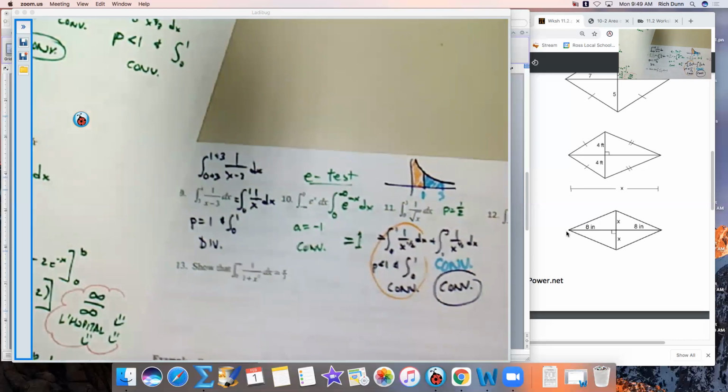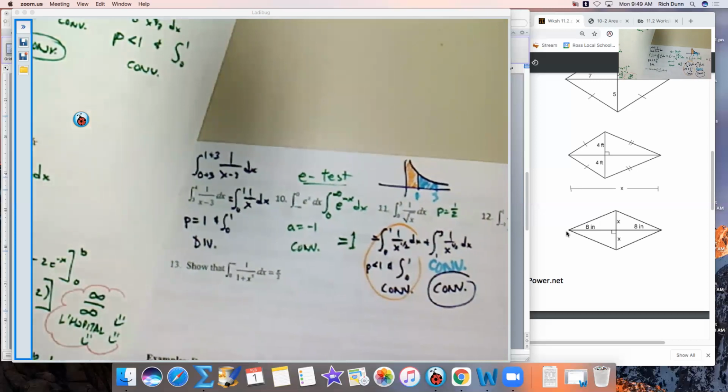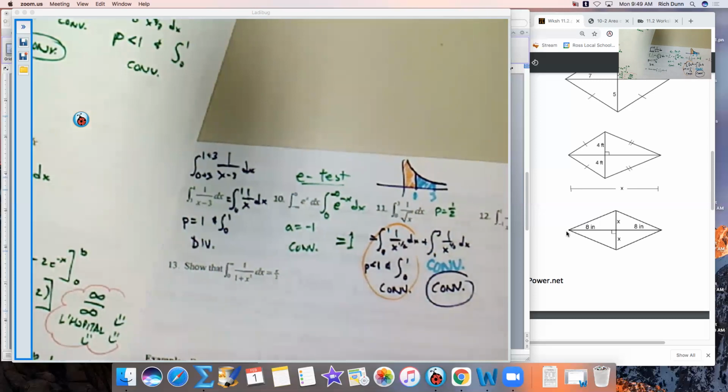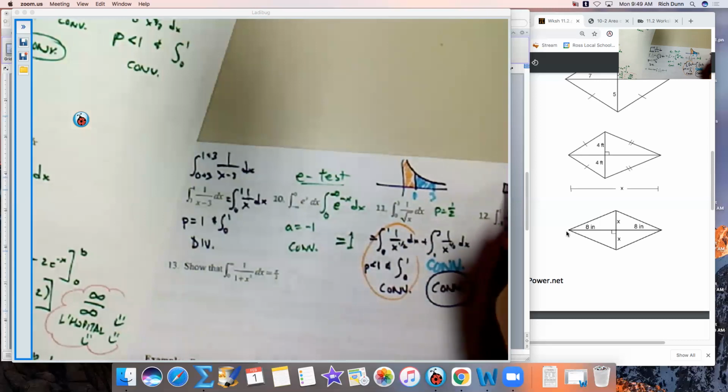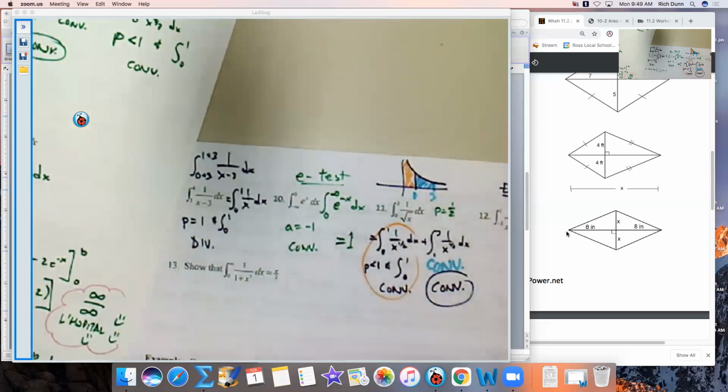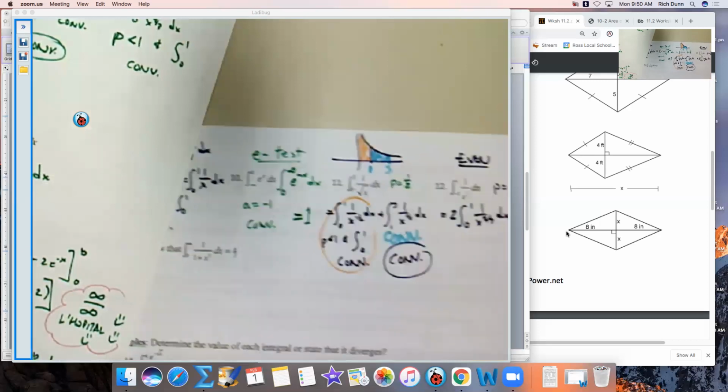Let's take a look at our next one. In this case, we've got 2/3, so our p-value here is 2/3. Since this is being squared, this is going to act like an even function. Therefore, this can be written as twice the integral from 0 to 1 of 1 over x to the 2/3 power dx.